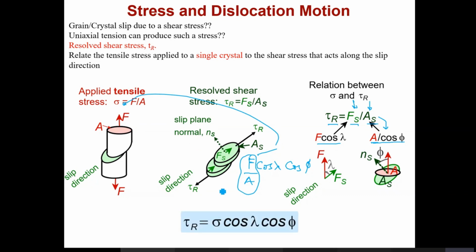So the resolved shear stress would essentially be this stress, which is the normal stress or the tensile stress, multiplied by this factor, where lambda is the angle between the normal force and the slip direction, and phi is the angle between the normal plane and the slip plane. Clear? Yes, sir. All right, good.